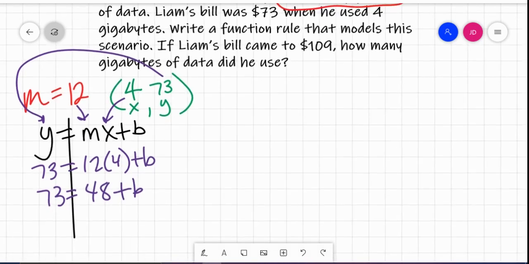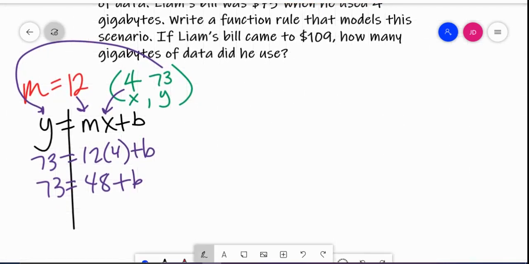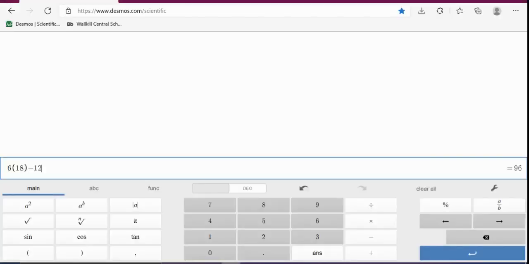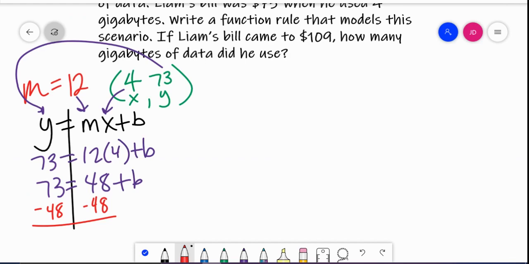And then give myself more room. Minus 48 from both sides. $73 minus 48 is 25. So my b is 25.